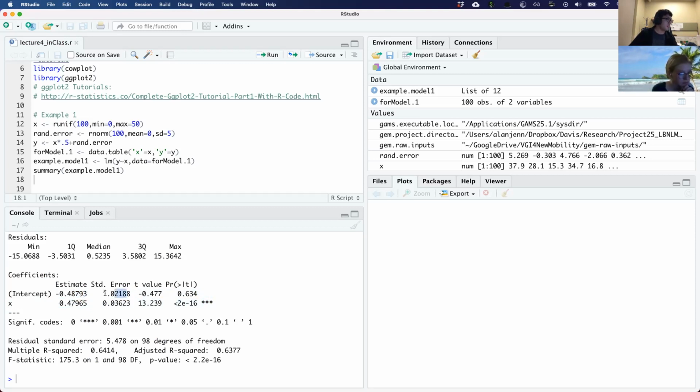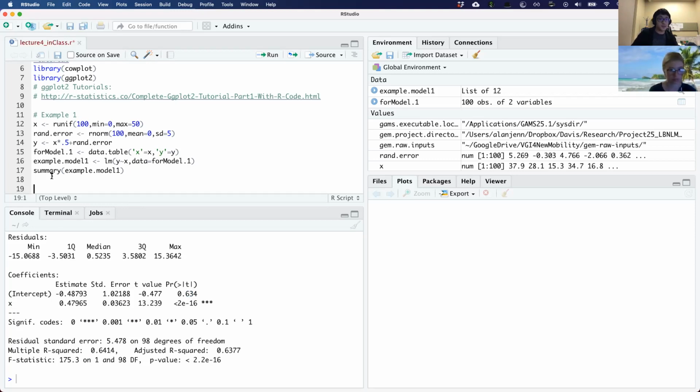It's not statistically significant, and so a large proportion of the time, 63% of the time, it's going to be 0 or above. Great, so that is a nice little refresher.